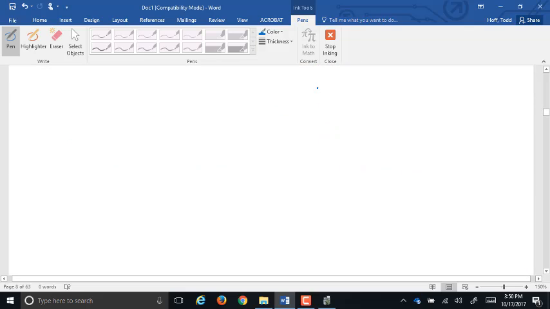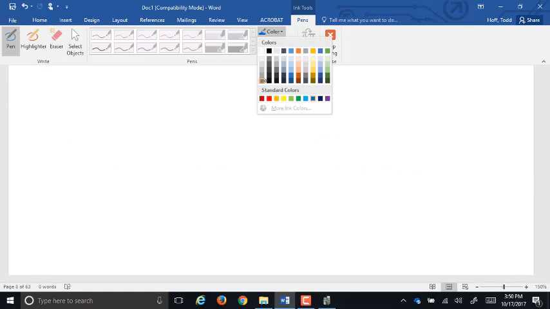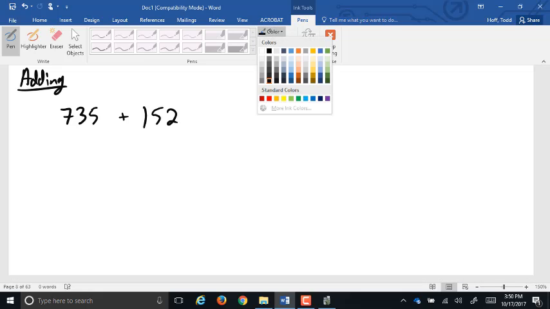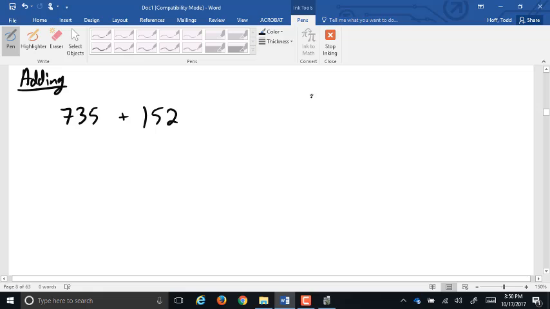So then we've gone over this a little bit before, but let's review some of our operations with these. Adding. If I wanted to add 735 plus 152, I have to make sure I set this up lining up the columns.